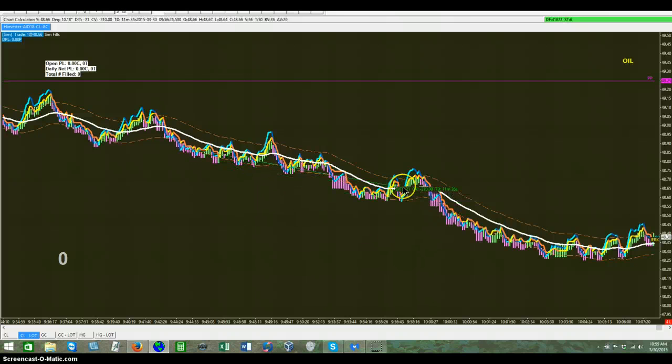We would have stayed in through all of this and gotten out right about here as this finally makes it above and pretty much stays above it. So right there, $500 in 22 minutes. Yep, that's what we would have done.